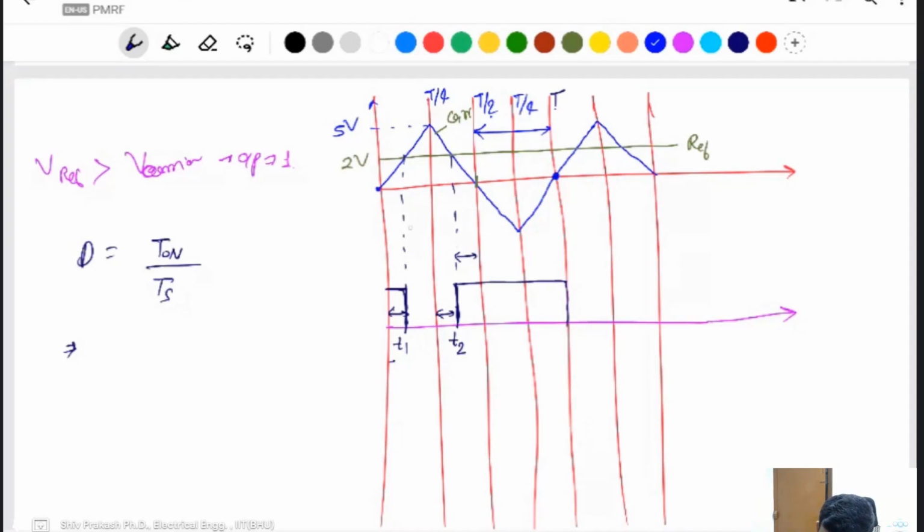You require only these time periods T1, T2 and T3. T on is equal to T1 plus T2 plus T3, plus this total T by 4, T by 4, which means T by 2.